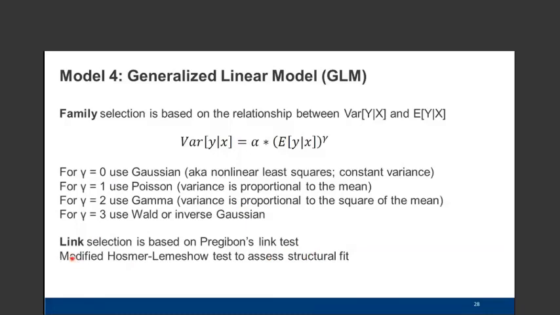And then of course, the modified Hosmer-Lemeshow test is really nice because you can visually see how much of the residuals are over or under predicted. I just wanted to show you this, so that if you ever want to do a GLM model, you don't have to trust that the family is a gamma distribution with a log link; you can always figure that out empirically. Let's see some of these tests.